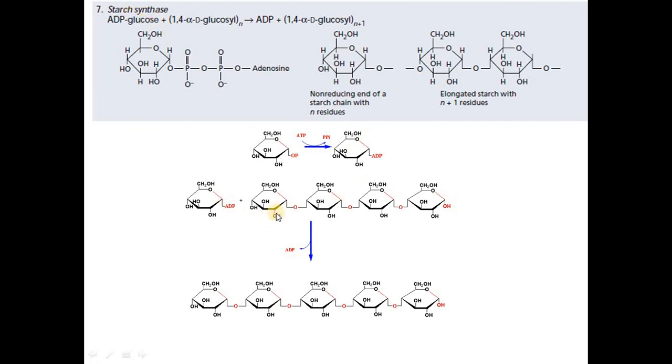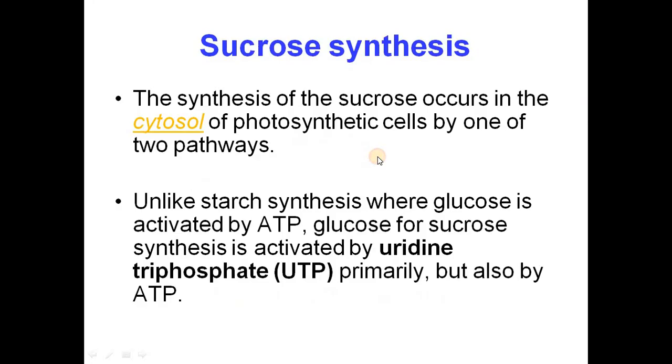Like I said, starch is just glucose molecules connected with the oxygen bond. So only glucose molecules that have ADP onto them will be added to the growing starch chain. Okay, please remember this because you will see what is going to happen next in the sucrose synthesis.